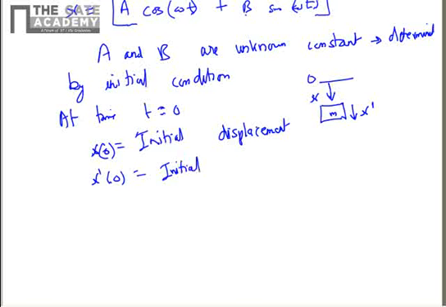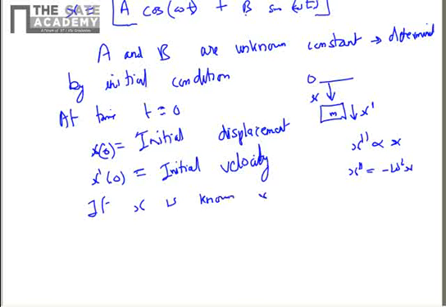And the third quantity is the acceleration. We cannot have a separate quantity for acceleration, because in this system acceleration is proportional to x, that is, x double dash is equal to minus omega square x. Hence, if x is known, x double dash is known, so we cannot have a separate initial condition for x double dash.